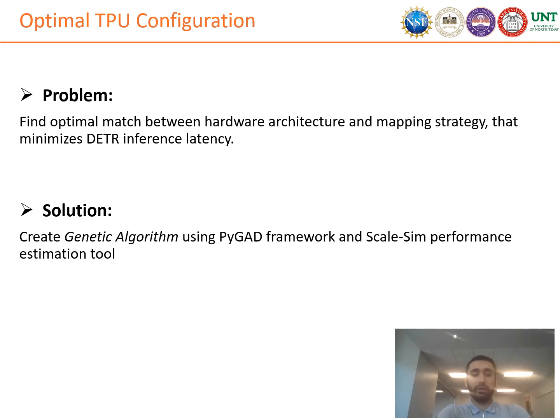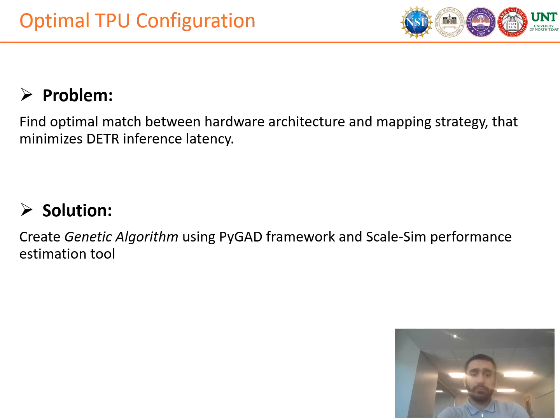Now the question is, what is the optimal TPU architecture? Our problem is to find the optimal match between the hardware architecture and mapping strategy that minimizes the DETR inference latency.